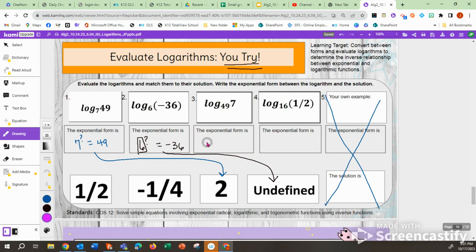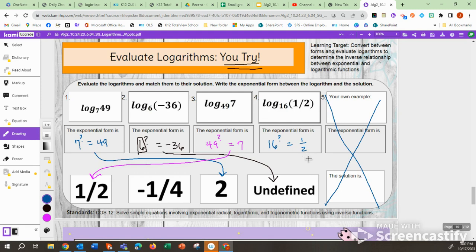Number 3 is saying 49 to what power is 7. And the only power that we can raise 49 to get to 7 is the power that takes the square root of 49. And the power that takes the square root is always 1/2. And then the last one, I'm sure by process of elimination, you can figure out it's -1/4, but I'll talk about it anyway. 16 to what power is equal to 1/2?